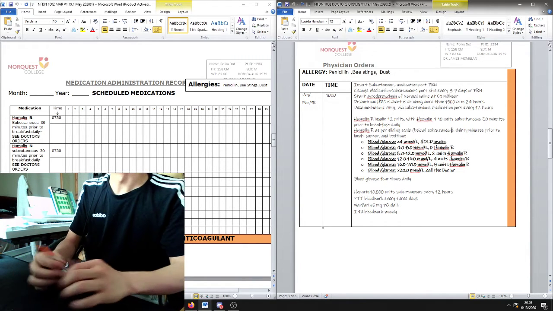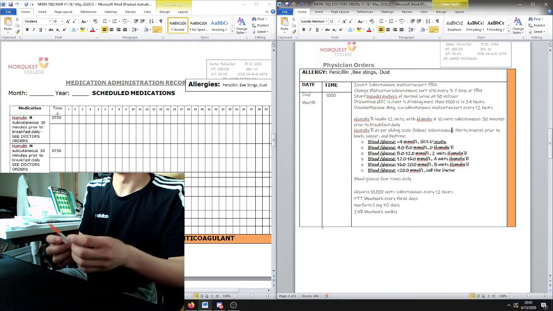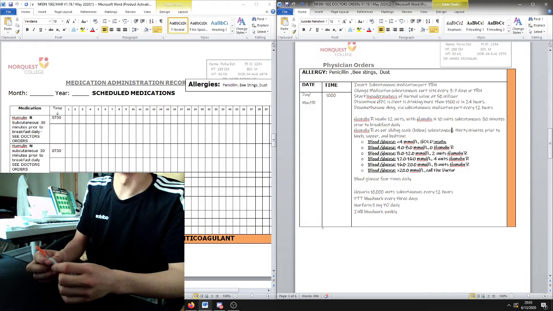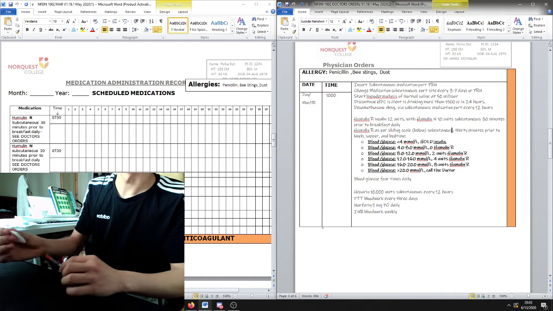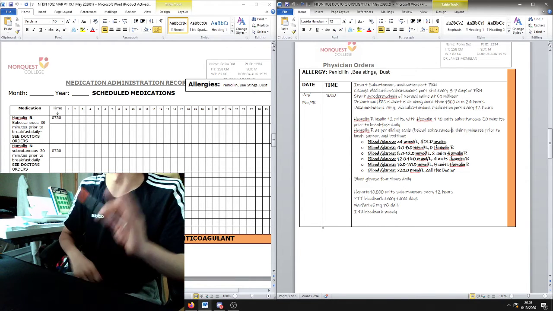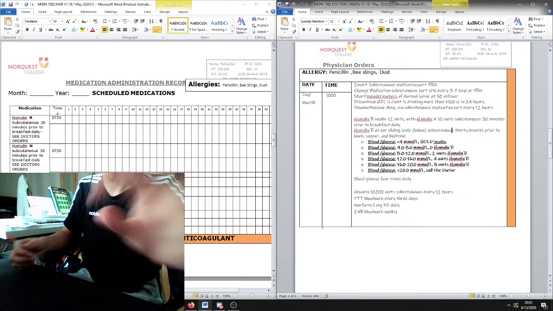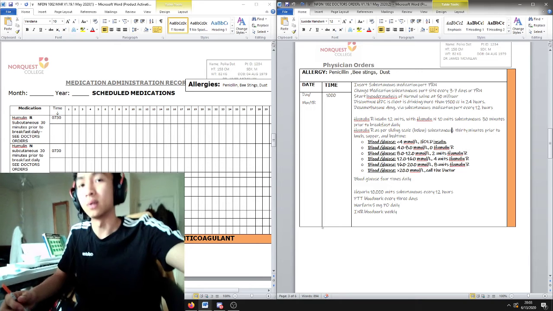So I would label the medication with some tape. I will label it with the kinds of medication, the patient's name, and the doses of each medication. So Humulin R would have 12 units and Humulin N would have 10 units rather.